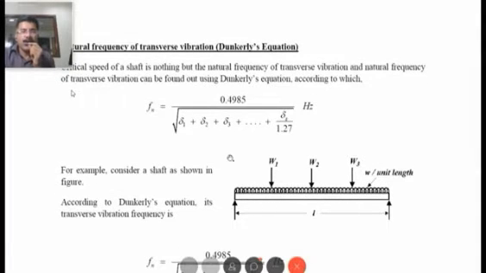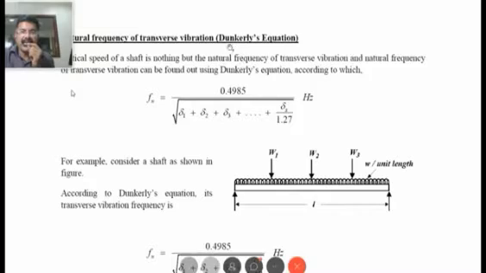Now, how to find out the natural frequency or transverse vibration frequency? This is usually found by using Dunkerley's equation or Dunkerley's method.